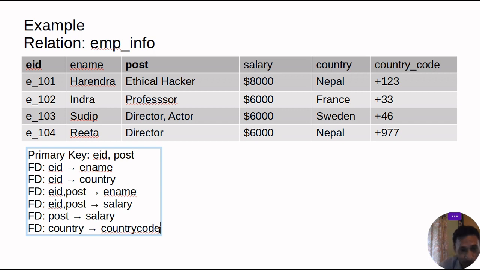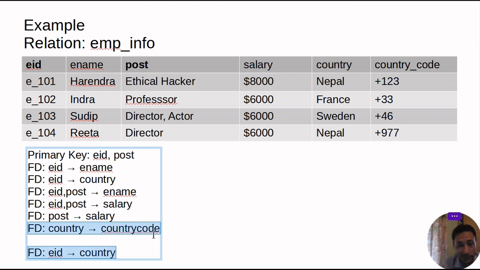If we know the employee ID, we can know employee name, we can know employee's post. Similarly, we can know employee's country. So I will write this here. FD: EID determines country.